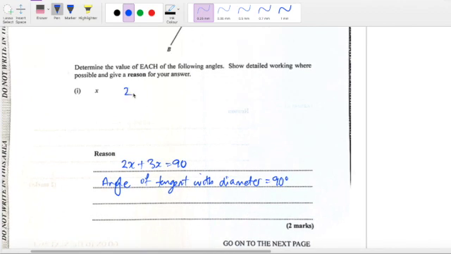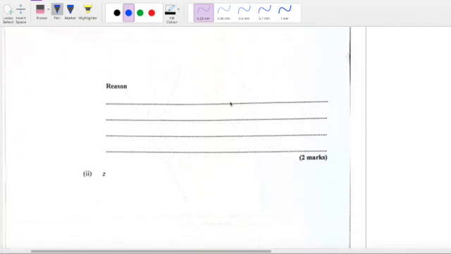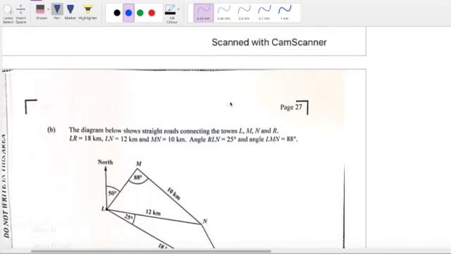And so we could put 2x plus 3x equals 90, 5x equals 90. They did say show detailed working, and therefore x equals 90 over 5, which is 18. And so we have x is 18. And of course, we have to find y and z.